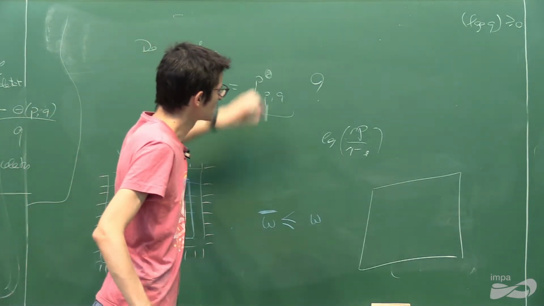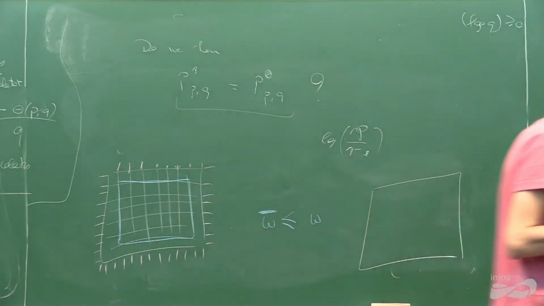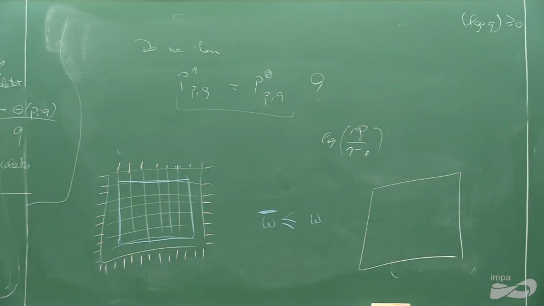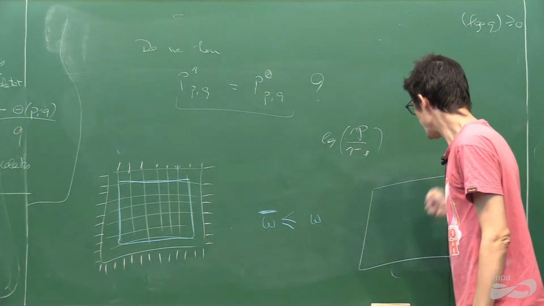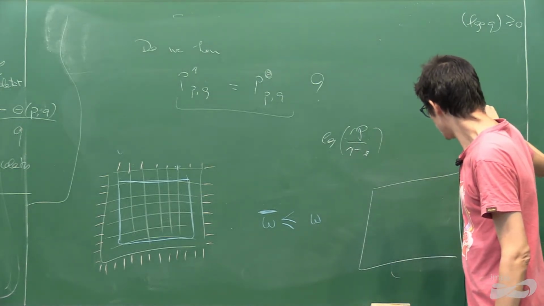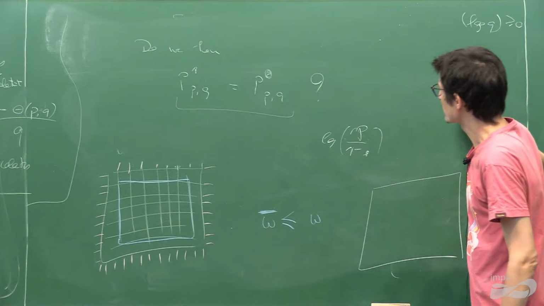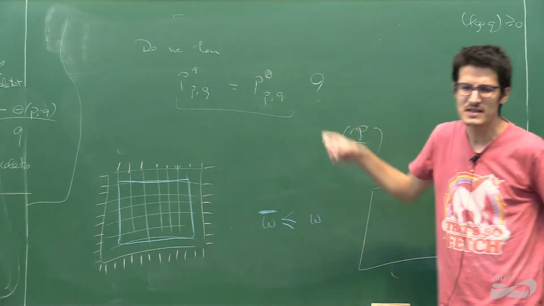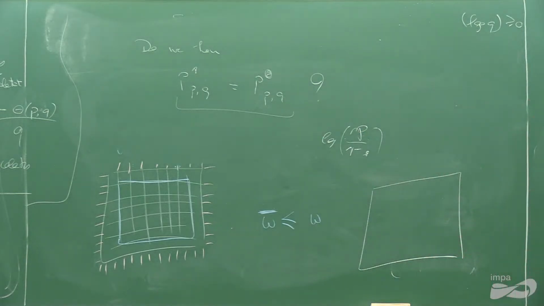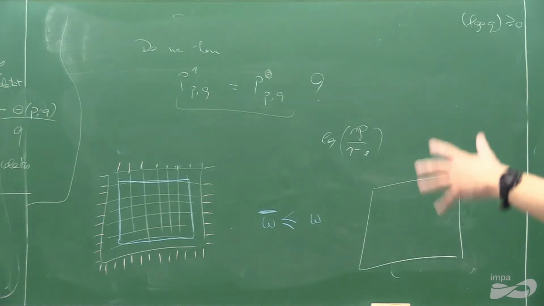Yes, so, okay. So this thing in the limit gives you the free boundary Ising model, okay?